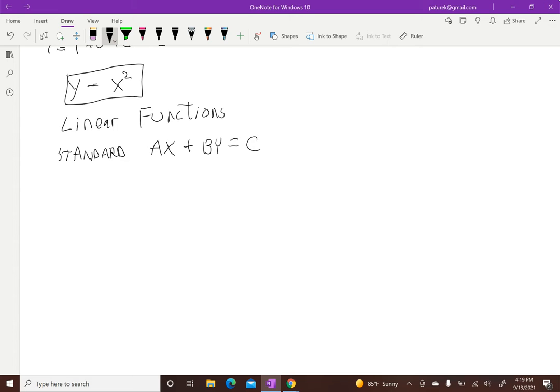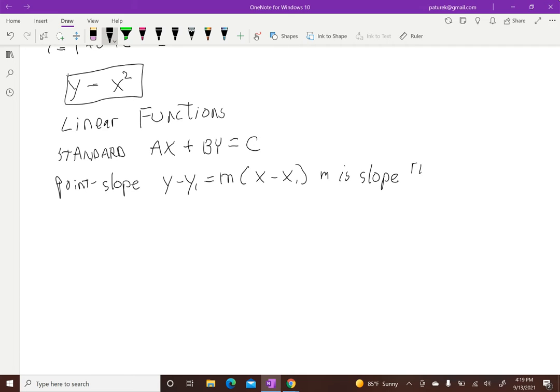Another way of saying the same thing would be in point slope form. In that form, it would be y minus y1 is equal to m, the slope, times, open parentheses, x minus x1, where m is the slope of that line.